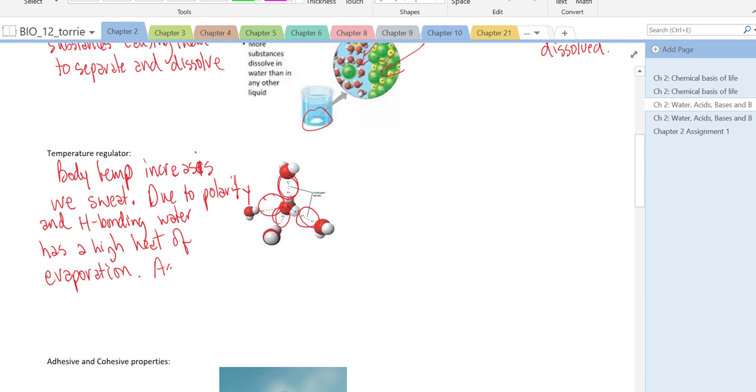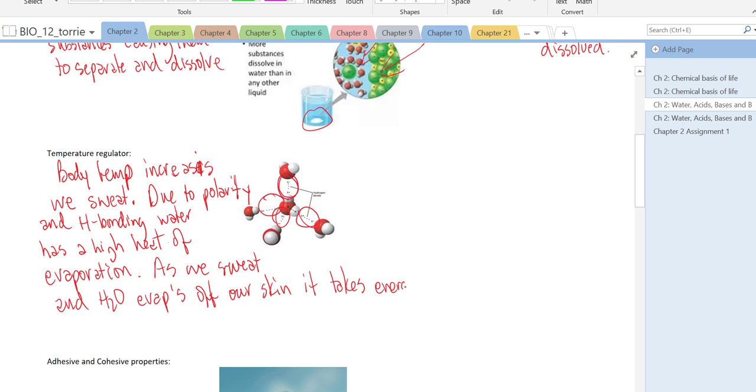So as we sweat and water evaporates off our skin, it takes energy away from our body.